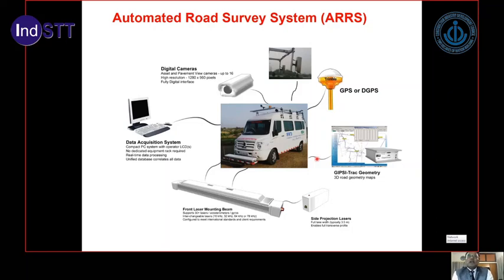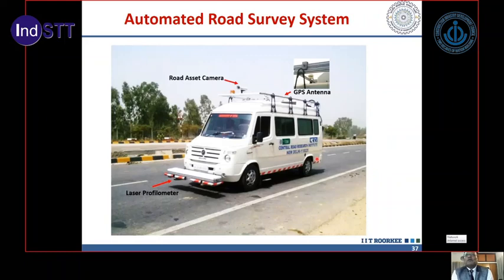So there is real-time data acquisition, and there is a system fitted in the vehicle itself, and you can analyze and see whether your data is correct or not and what is the behavior of that. So this is a very useful equipment for maintenance of the road, for assessing the condition of the road and stresses in the road.